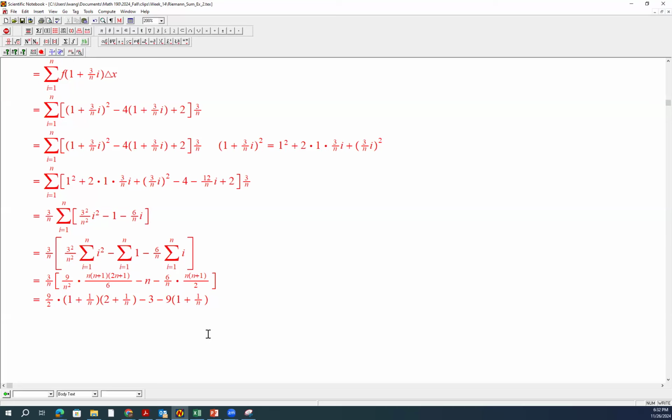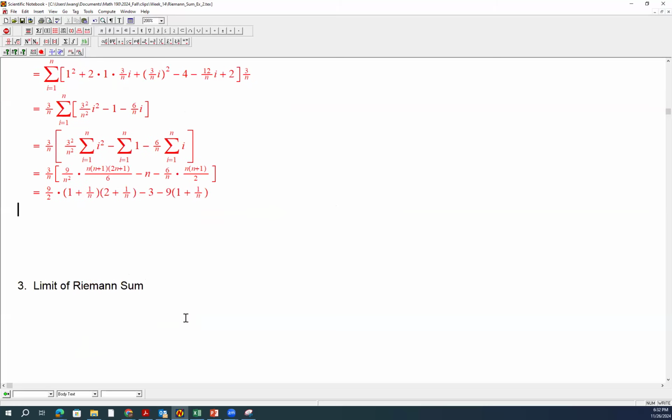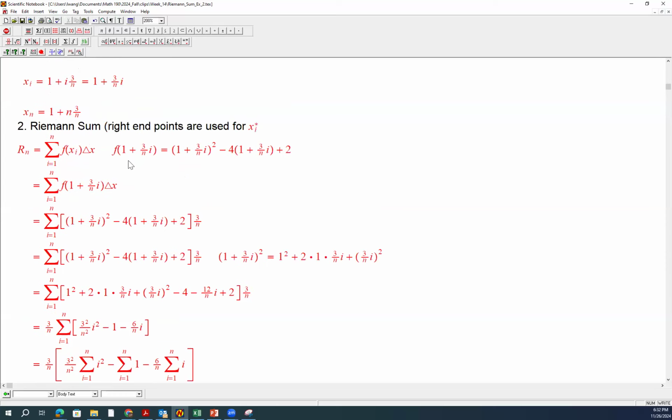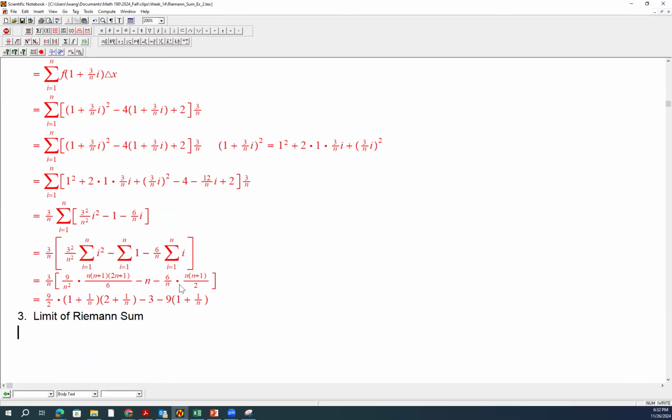Okay, so after these algebraic manipulations, now we're ready to take the limit as n approaches infinity.